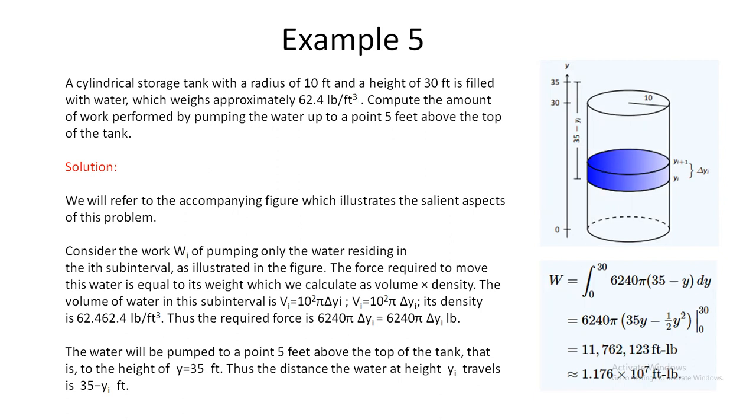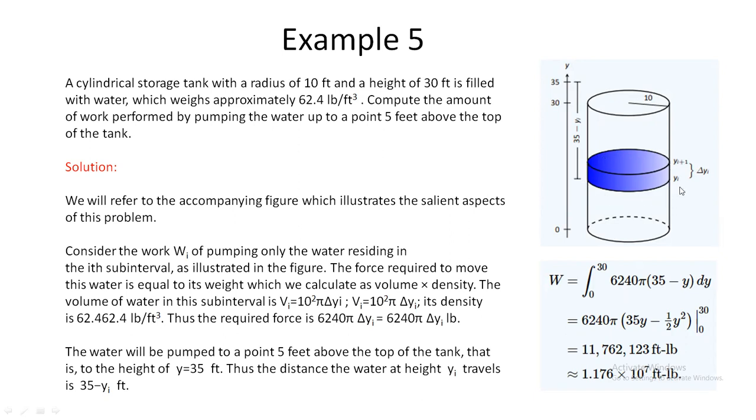Now, consider the work W sub i of pumping only the water residing in a particular interval. In this case, that interval is the ith interval, as you can see in the figure. The force required to move this water is equal to its weight, which we calculate from the volume. That is why you have here the differential volume.